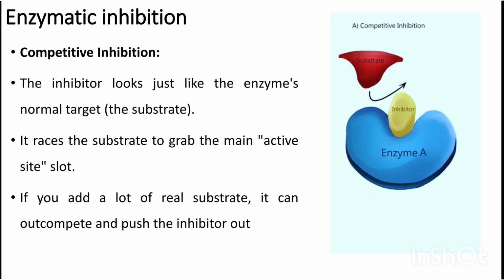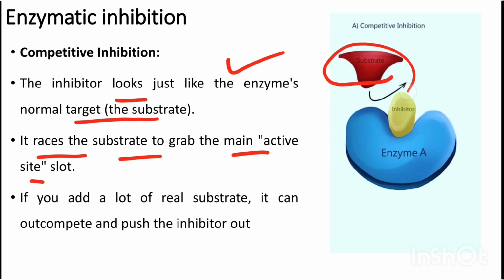This type of inhibitor looks just like the enzyme's normal substrate. It prevents the substrate from grabbing the active site. They compete with the substrate for the active site of the enzyme. If you add a lot of real substrate, it can outcompete and push the inhibitor out.